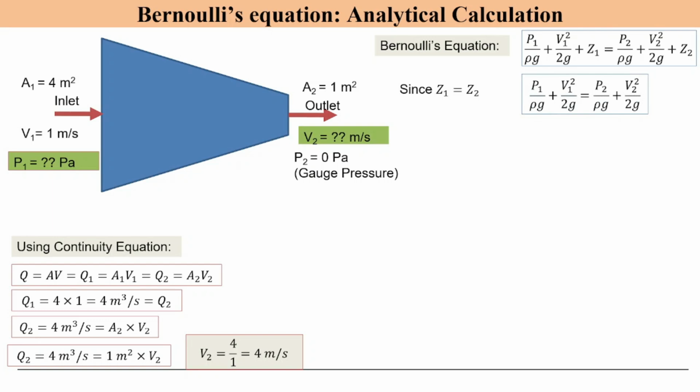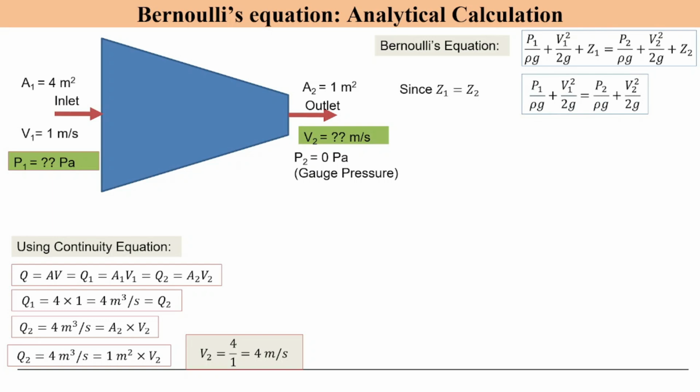The conditions available for the analytical solution: V1 is 1 meter per second, known to us, and P2 is known to us as 0.